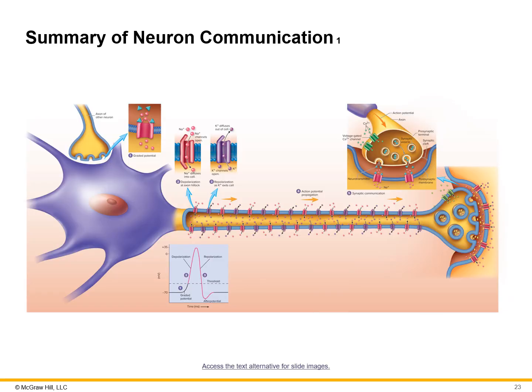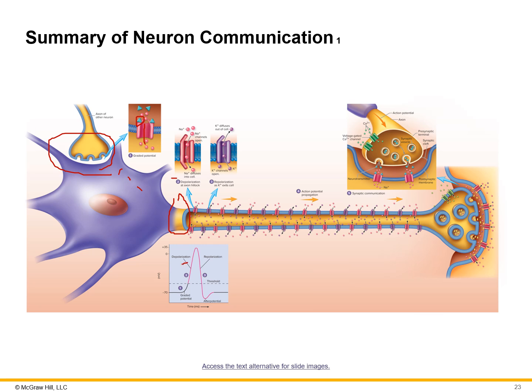All right, so again, just our summary here, looking at this again. Here's our dendrite. In this case, we have a cell that is releasing a ligand. That ligand is going to bind and open up ligand-gated sodium channels, so we get depolarization here. That depolarization is enough to reach our axon hillock and open up those voltage-gated sodium channels. That's going to let sodium come in, and that's going to allow that action potential.